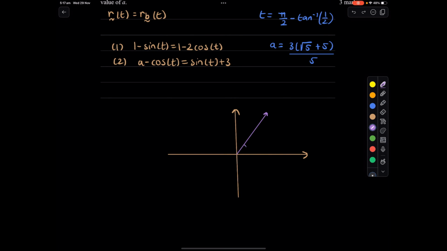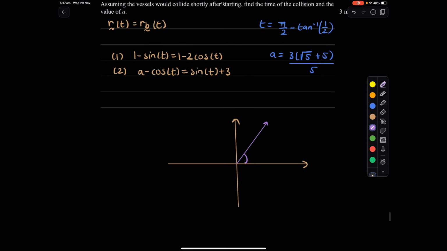So this is your time, your t, and this is the angle that we want. Now here they're saying pi over 2, which is here, minus this angle here, which is tan inverse of a half.